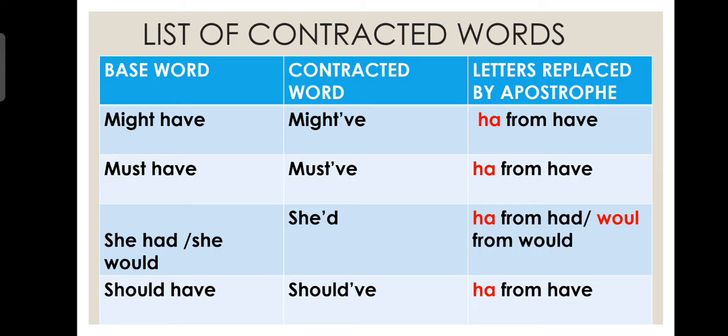We remove the letters HA from have and those HA are replaced by the apostrophe. Next is must have. Here also must remains as it is. We have removed the letters HA from the word have and this HA is replaced by the apostrophe.